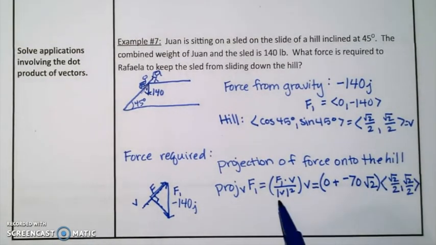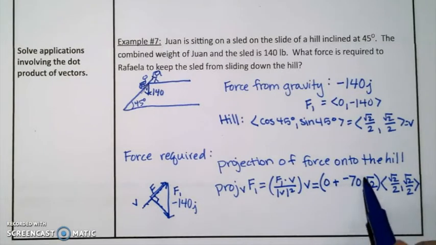So our magnitude was 1, our dot product gave us a value of negative 70 times the square root of 2. And now we need to multiply the scalar and the vector.